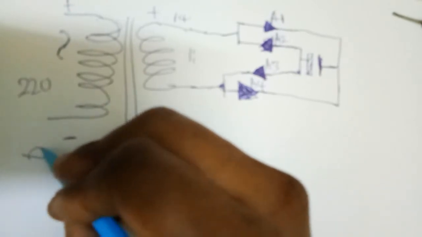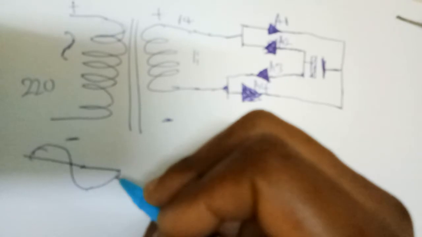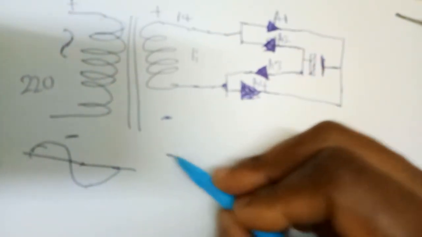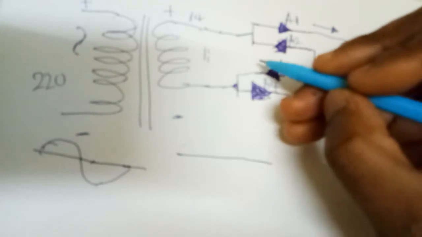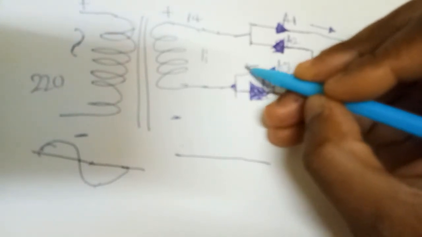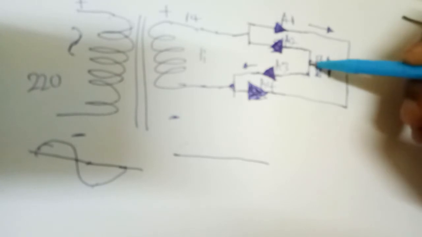Therefore current flows from the DC, from A1 to A3. The current flow from A1 enters the capacitor, the negative side of the capacitor.